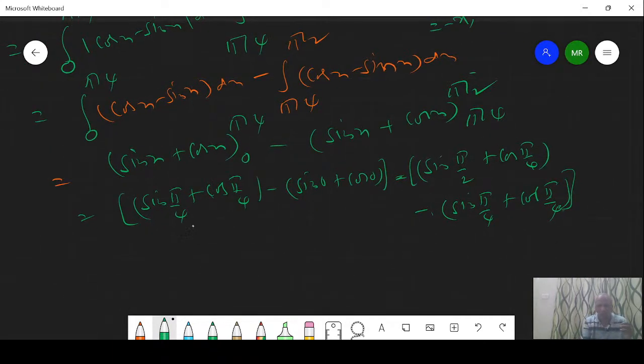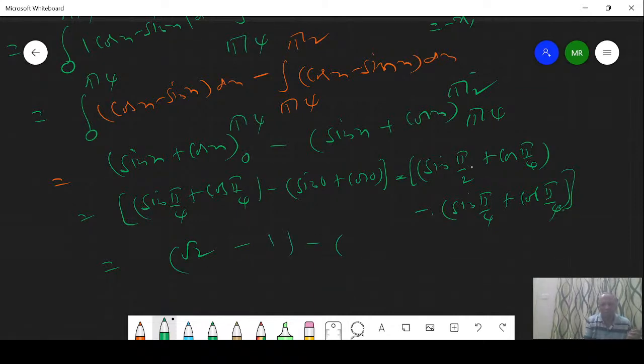If we substitute the values here, sin 45 is 1 by root 2, cos 45 is 1 by root 2. 1 by root 2 plus 1 by root 2 is 2 by root 2, which is root 2. Minus sin 0 which is 0, cos 0 is 1, so root 2 minus 1, this part.